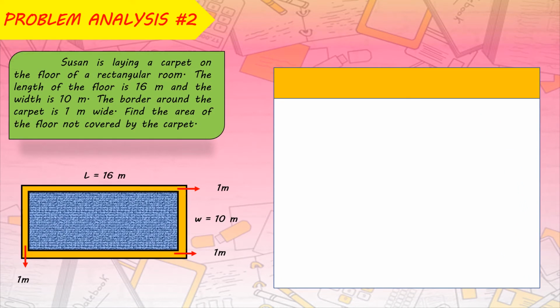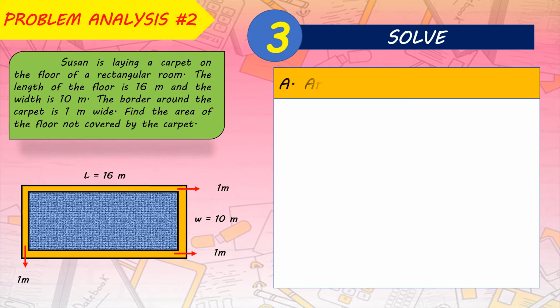Now look at the figure. We have here the length, which is 16 meters, the width, which is 10 meters, and the border around the carpet is 1 meter wide. Now we solve. First, we solve for the area of the floor, which is the length times the width. So we will have area is equal to the length times the width. What are we going to do next?